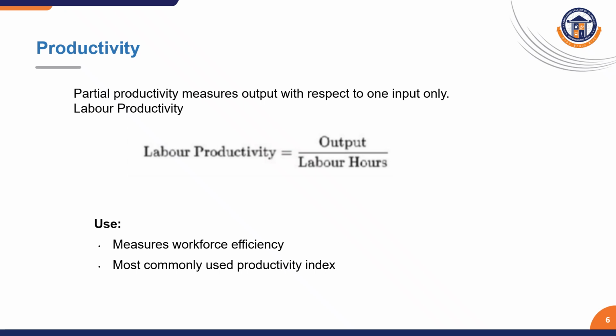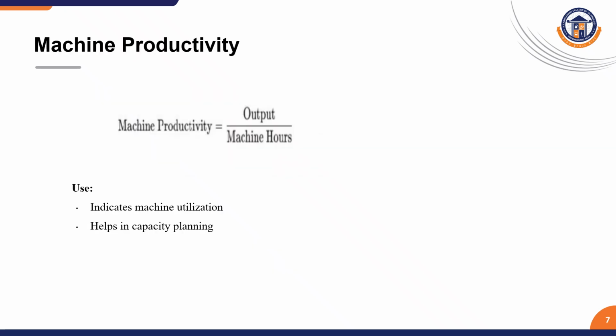So 1,000 shirts by labor hours, 800 hours. It measures workforce efficiency and is the most commonly used productivity index. It is very natural because the first expense for any person is the salary. The salary constitutes the maximum expenditure in any organization, in any type of production area.